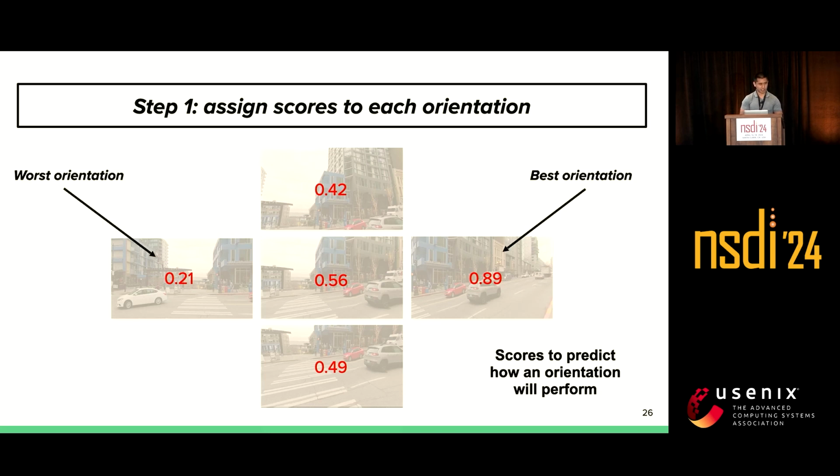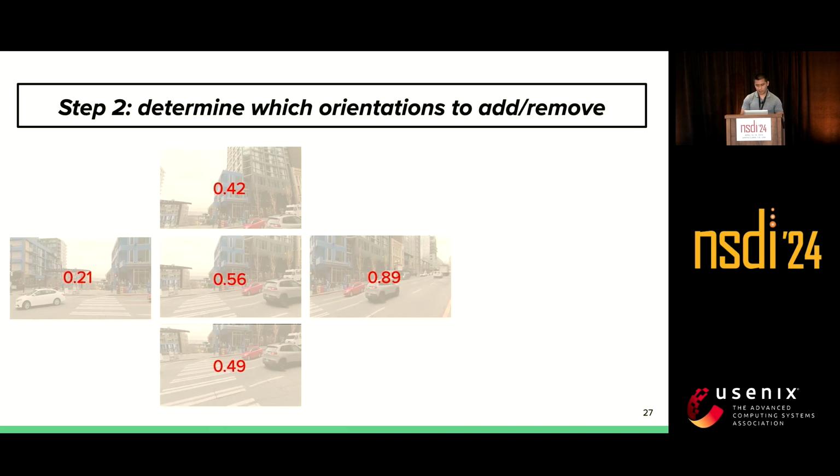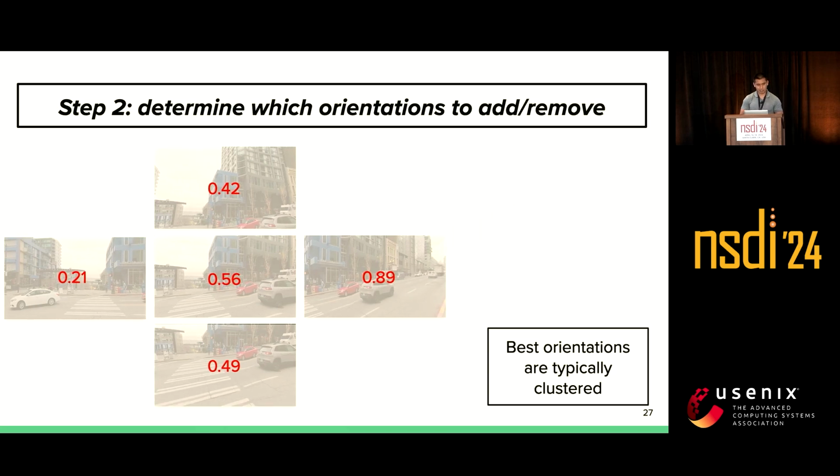Based off these scores, we identify the worst orientation and the best orientation. And we look at the disparity between these two orientations. If the disparity is high, then we opt to remove the poor performing orientation in favor of a new, potentially more fruitful one. To do this, we take advantage of this key observation that the best orientations are typically clustered together.